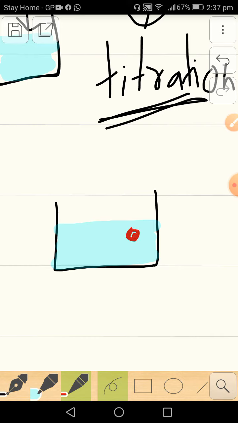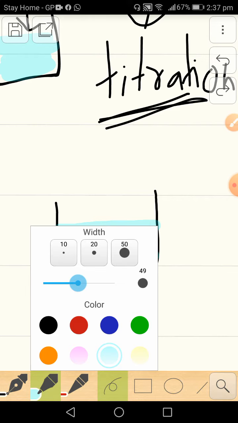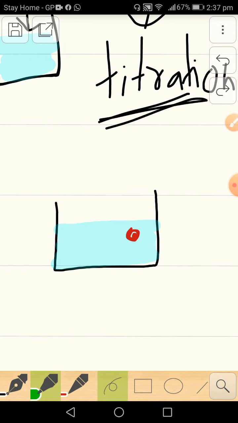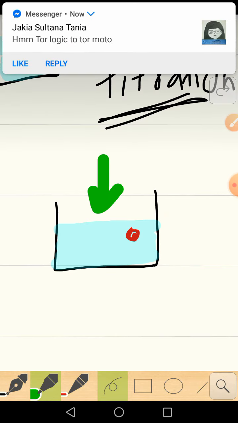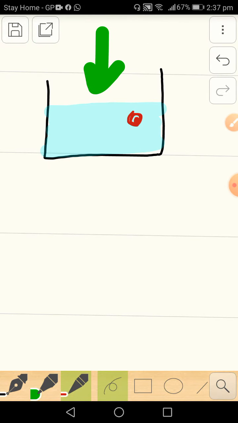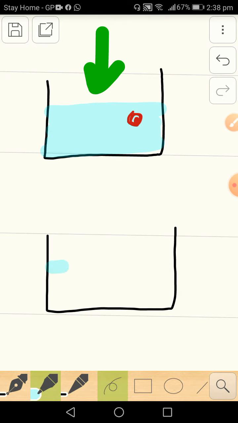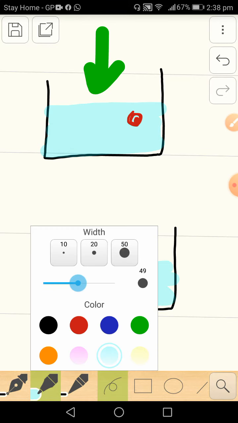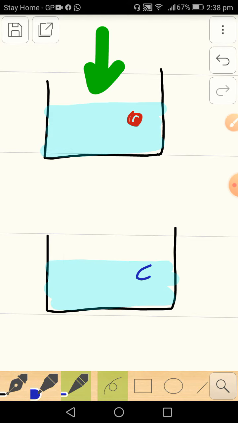For example, the indicator is remaining at one side of the solution, and the indicator color is red. Now you are adding the green colored solution into the blue colored solution. After a certain time you find that the indicator has just changed its color to blue.